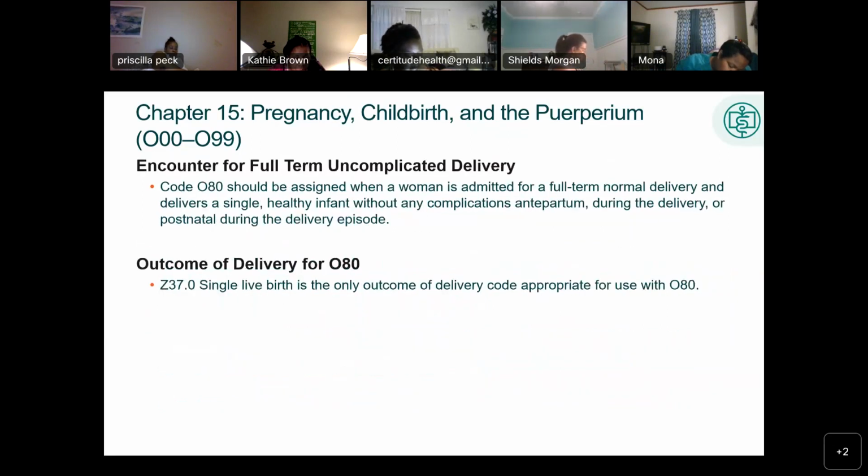Next, the encounter for full term uncomplicated delivery. If a person is coming in specifically just to deliver, that is where a normal delivery, so this is talking normal, uncomplicated, then you would go to guideline N as in Nancy on page G22.